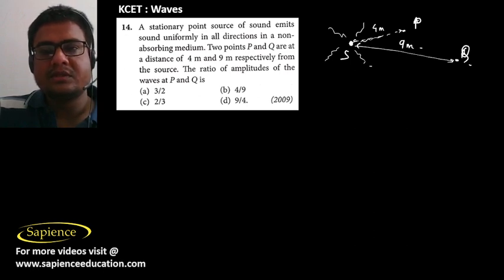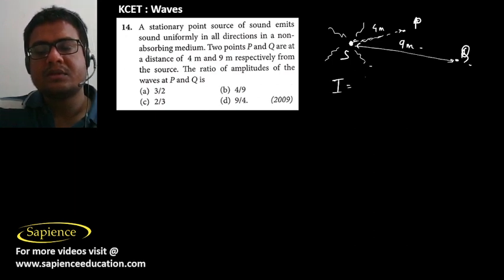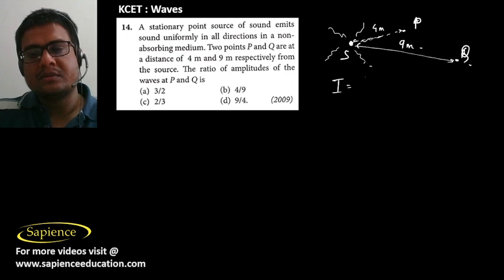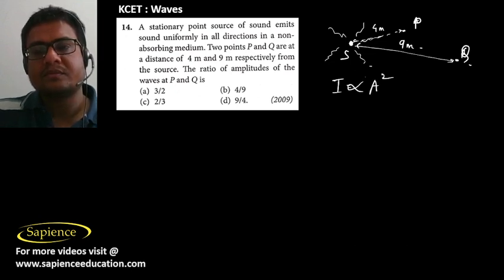So intensity is proportional to the square of the amplitude.